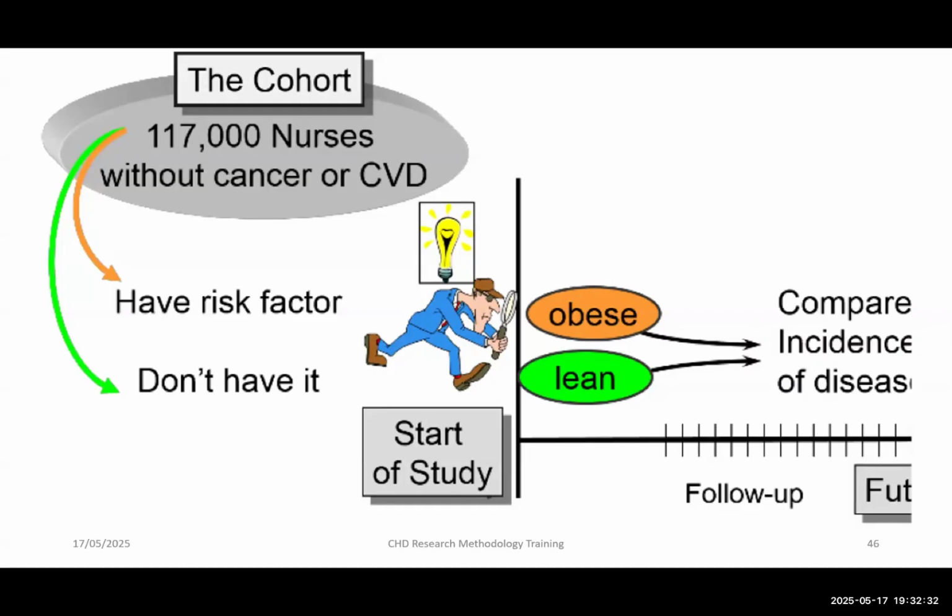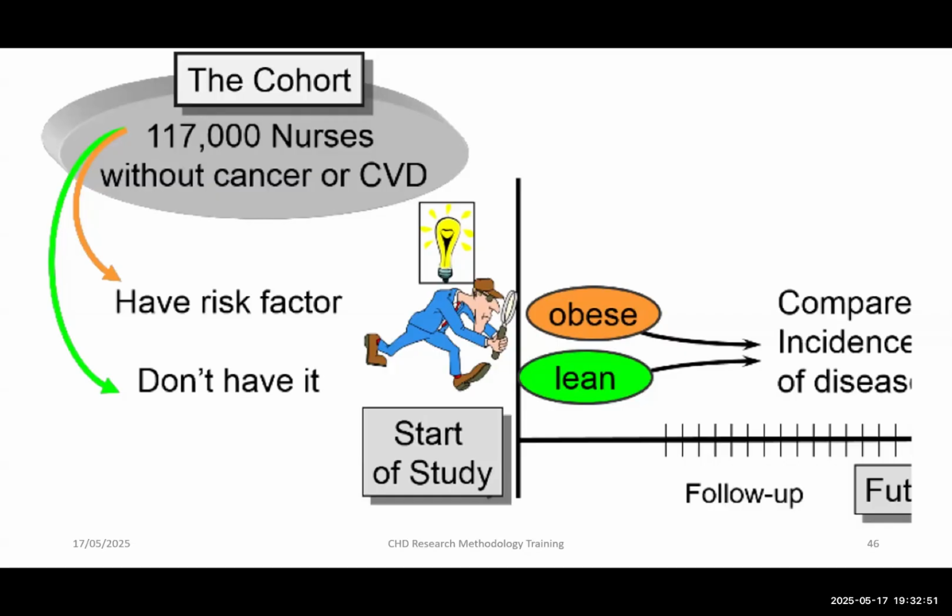They want to follow the nurses up to find out who would end up with cancer or cardiovascular disease. So the risk factor you're looking at is body mass index or weight. So you have those who are obese and those who are lean.